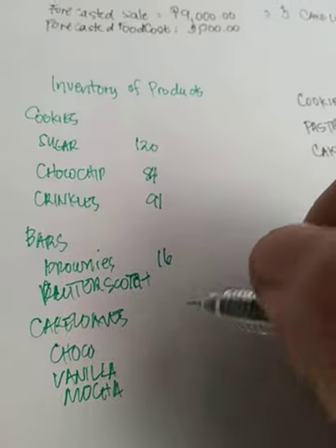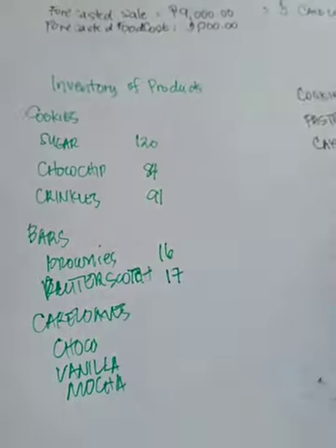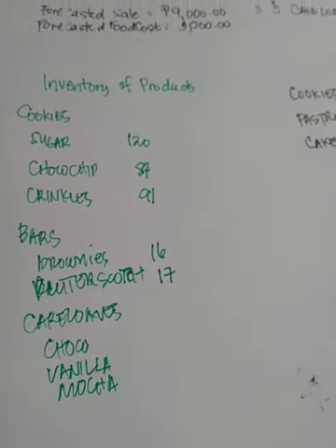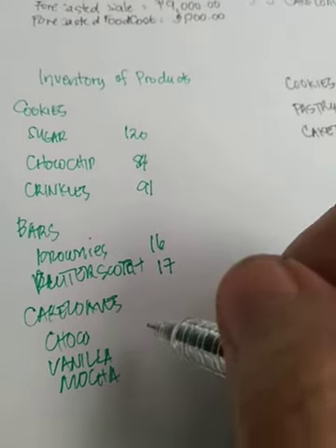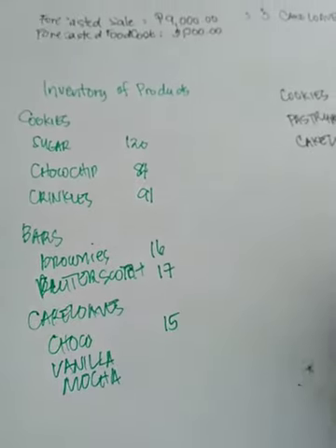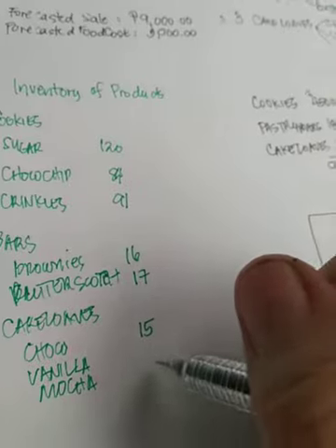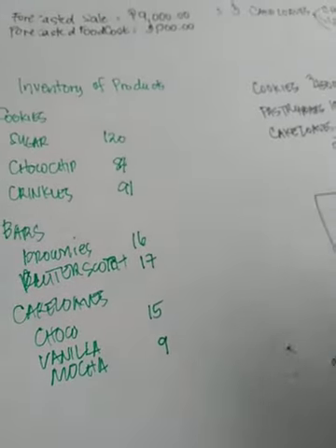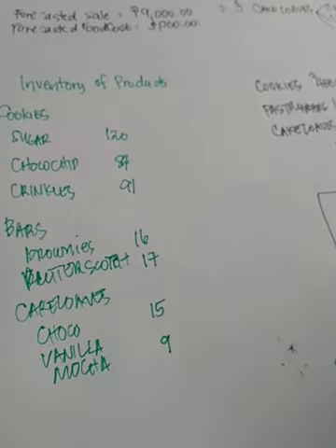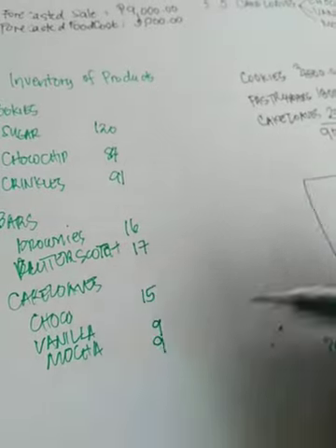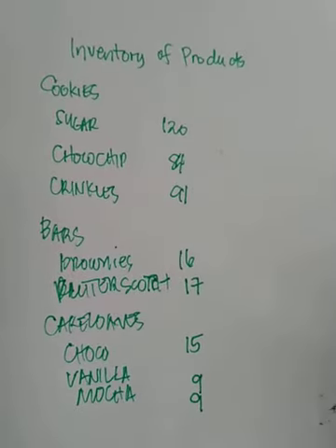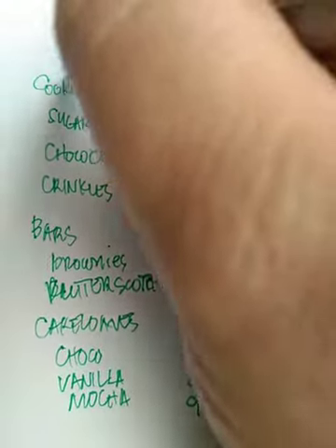Butterscotch na 17 pieces. Yung cake loaves mo should be 15 pieces ng chocolate. Yung vanilla mo should be 9 loaves. And then, yung mocha mo dapat 9 loaves din. Okay. So, yan yung breakdown, inventory of products.